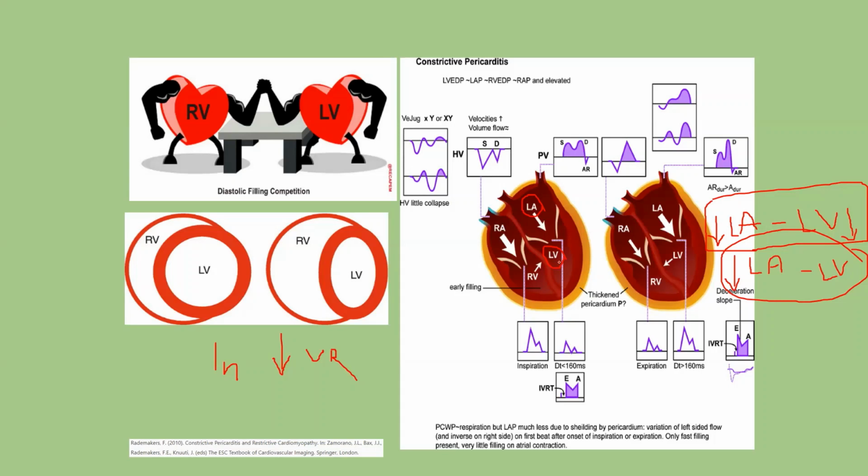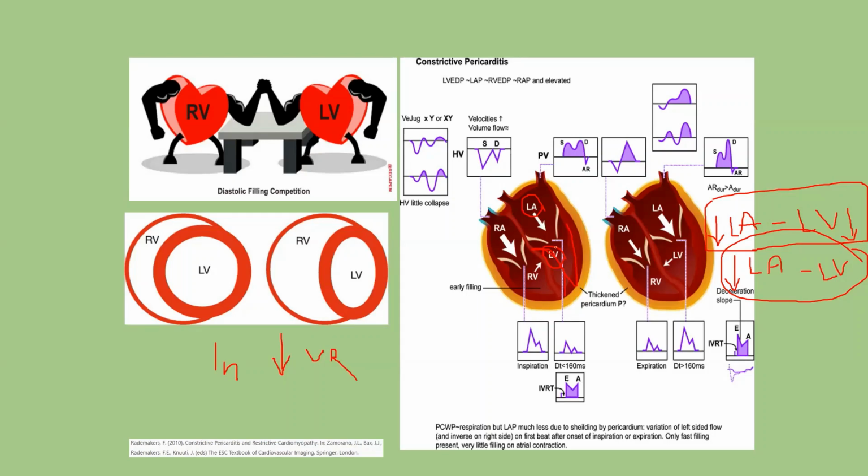One is that the septal bounce during inspiration shifts the septum to the left side, minimizing the LV cavity. So the relaxation is going to be impaired, a smaller cavity, not much accommodation of blood. Factor one. Factor two, the gradient between the LA and LV is decreased.